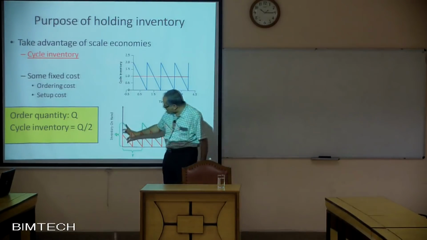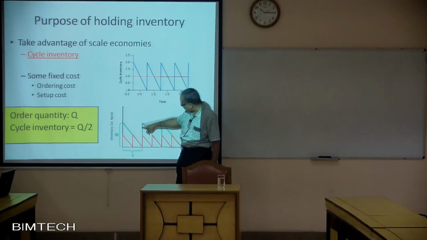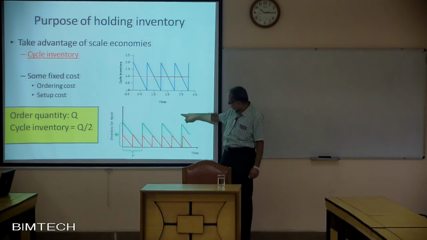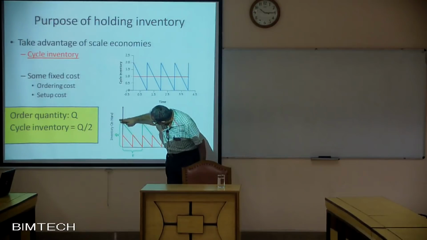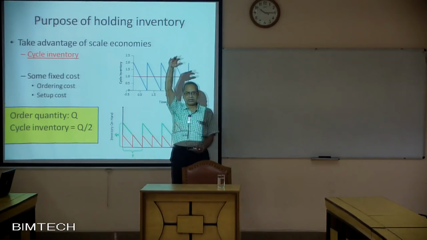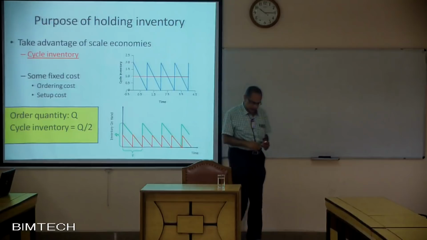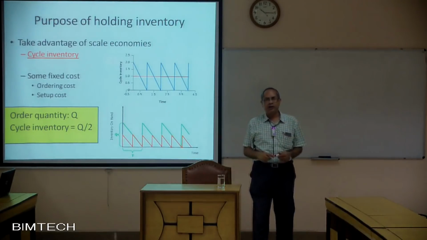The quantity that I'm ordering, look at the green graph. Okay, the green graph, my Q is here till this point. I'm ordering this size of the quantity every time that I order.